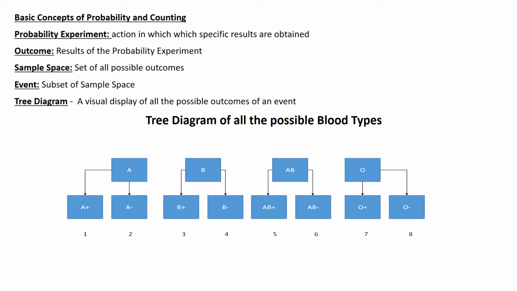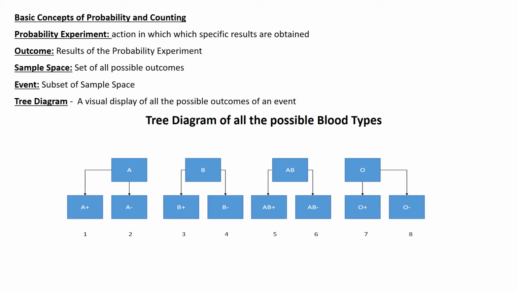Some of the concepts I want to talk about here are these basic definitions we'll be using today. Probability experiment: this is where we get results from doing a probability test, whether it be flipping a coin, rolling a die, or determining who's going to vote for someone, or what kind of soda someone likes.